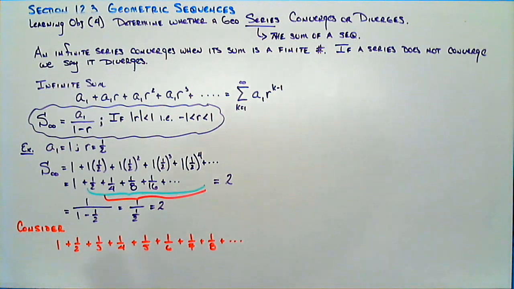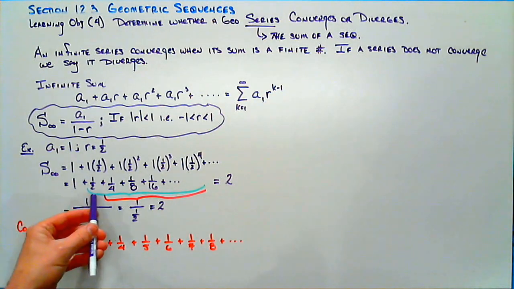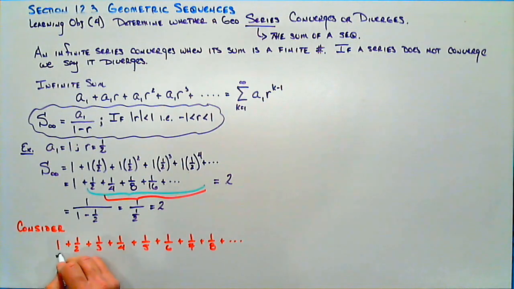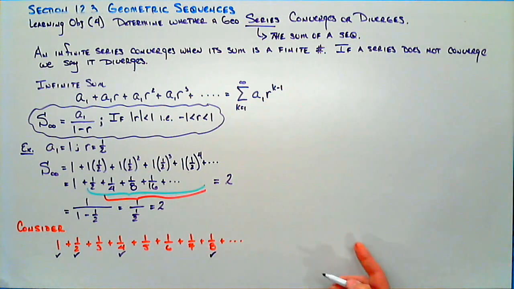Look at this. Some of our numbers down here are up in our list. This one's up there in our list. This one's up there in our list. Now, the next one that's in our list is 1/16. This series right here has a name. This is called the Harmonic Series.